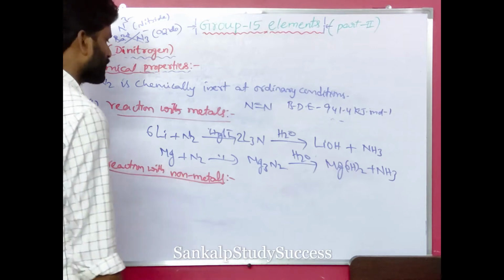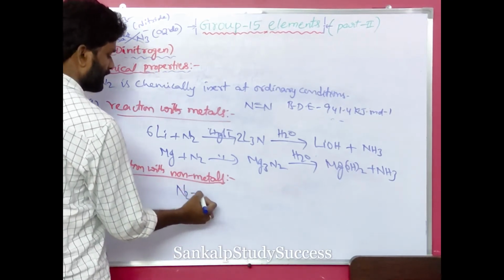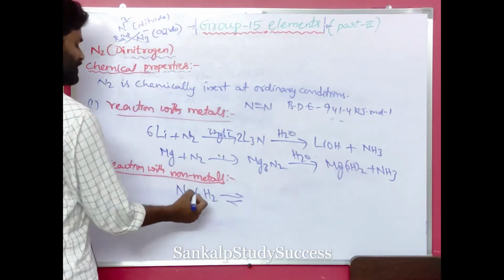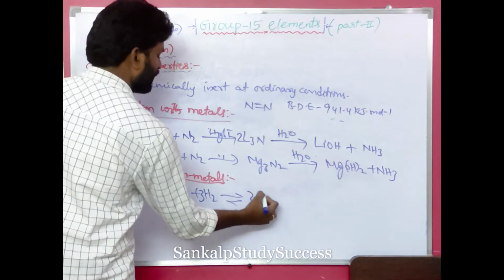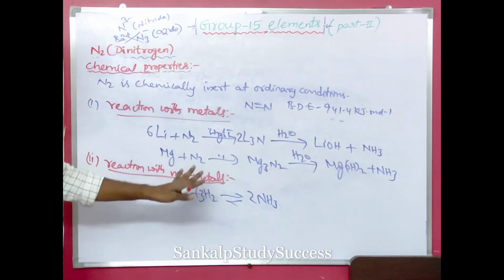Which type of compounds are obtained? Listen to me. Suppose nitrogen reacts with hydrogen to form ammonia, 2NH3. Ammonia is obtained.